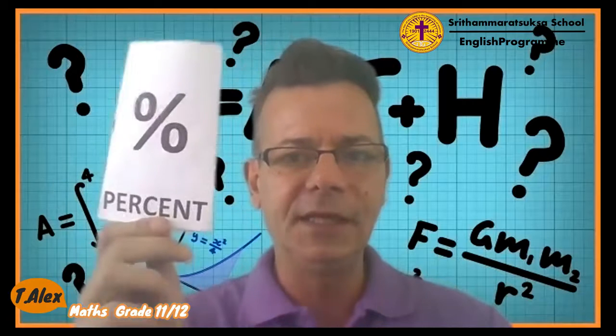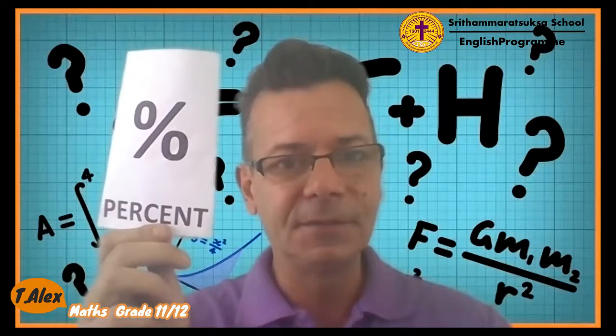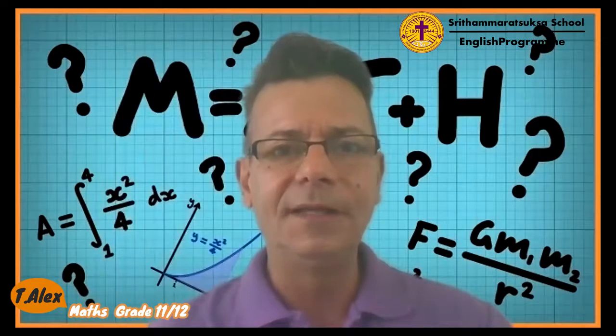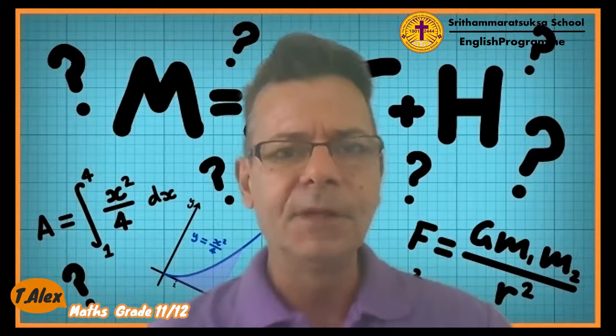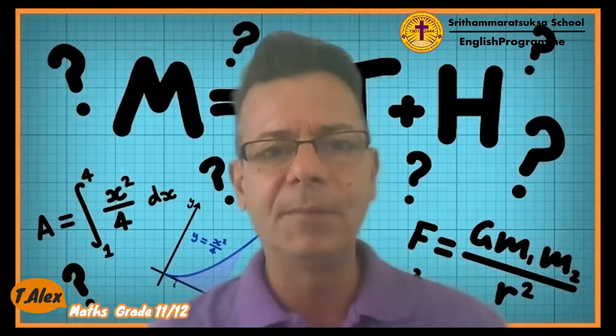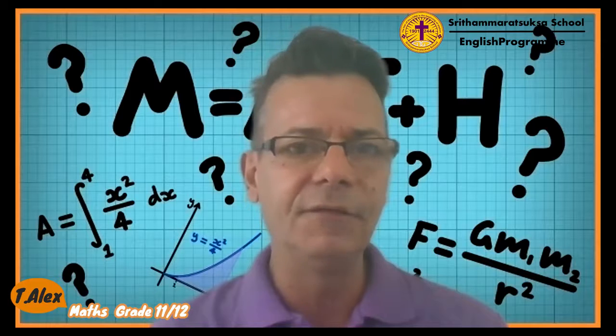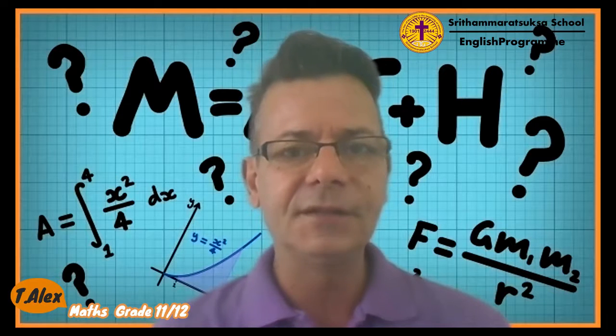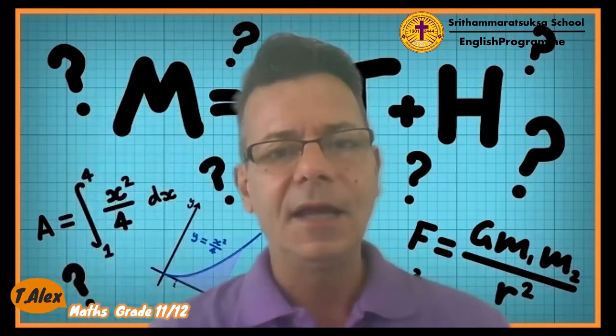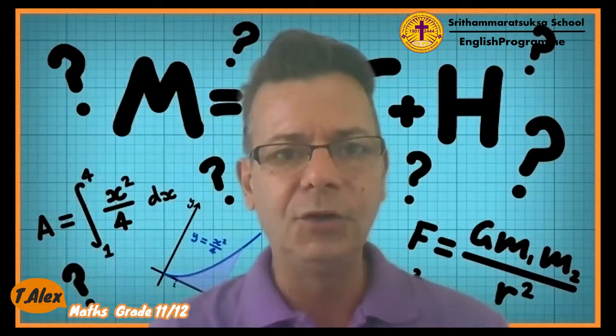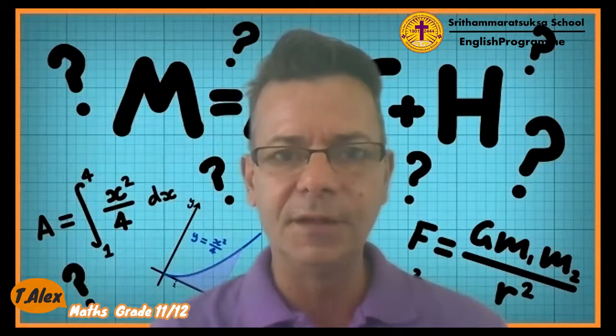Today's subject is percent. This little symbol is very important. Not only do you see it in the shopping mall for a discount, you will also see it on the side of a bank. Percent is how much the bank will pay you when you put savings with them.